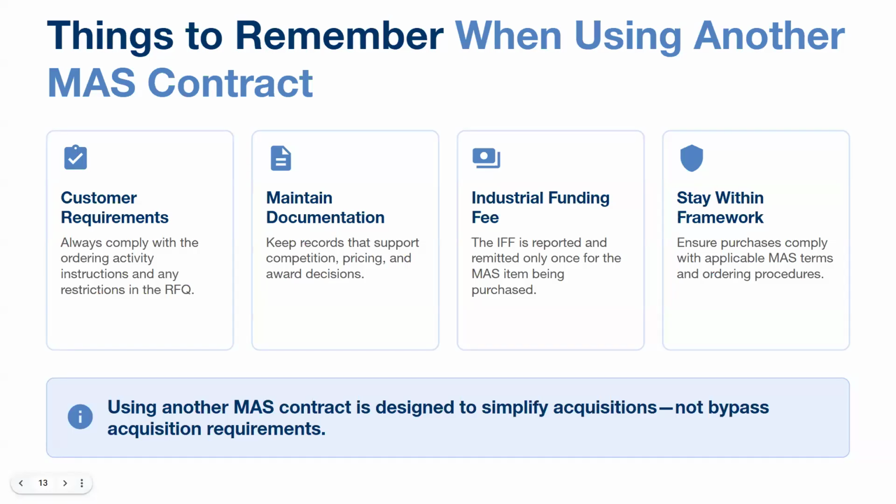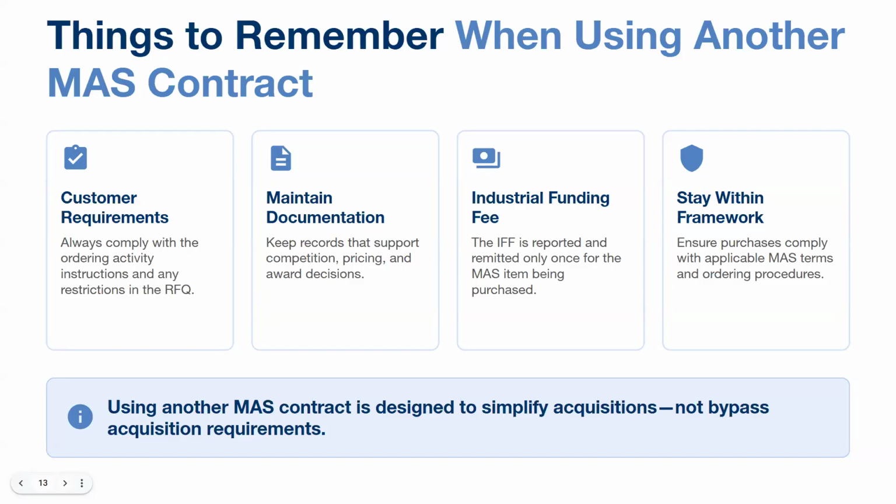You just want to make sure those requirements always guide your approach. Documentation is equally important. You want to maintain records that support how products or services were obtained, that demonstrate compliance with applicable ordering procedures, and support pricing and award decisions when appropriate. This not only supports compliance, but it also helps answer questions later if the acquisition is reviewed.